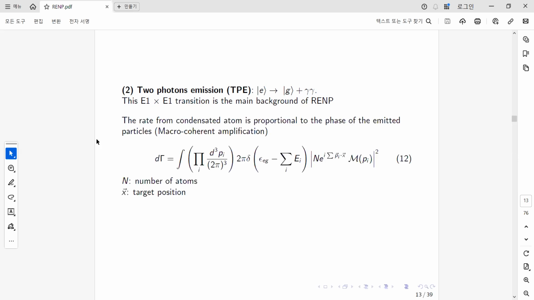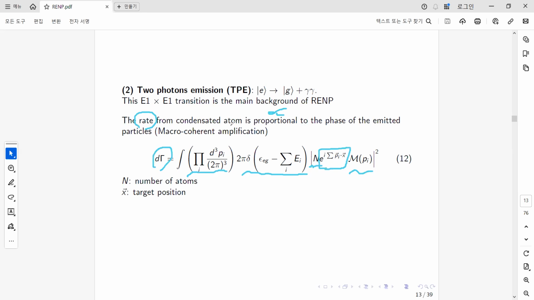And we will make a condensed atom, and the light from such condensed atoms is proportional to the phase of the emitted particle. So this is a phase factor, with momentum conservation and the amplitude asymmetry, and the number of atoms here.